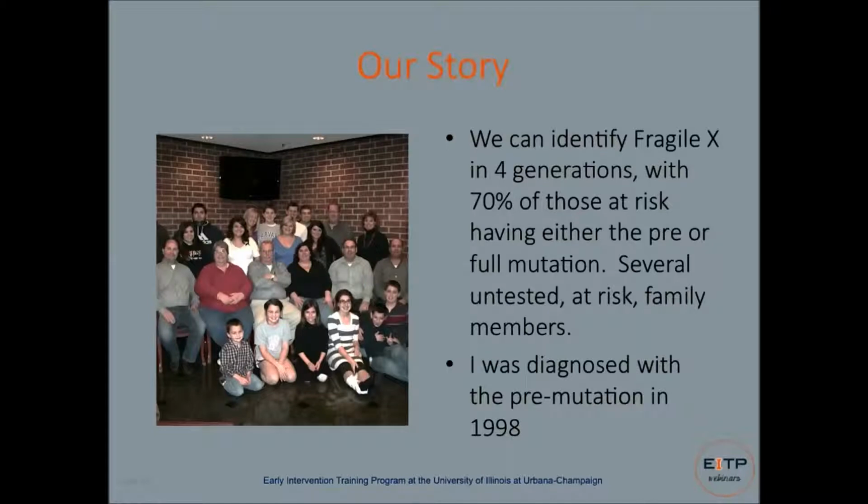In my family, about 70% of those that are at risk are either having the pre or the full mutation. Several of my family members are still untested that are at risk, but we don't know. They're not exhibiting signs of having the full mutation, but could certainly be premutation carriers like myself.